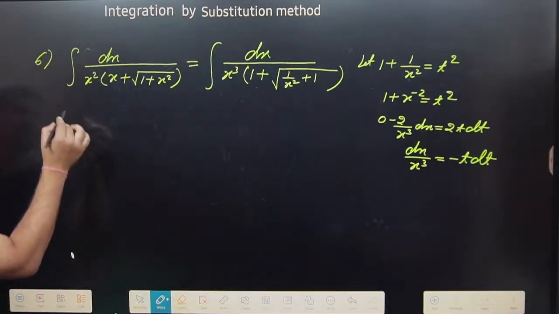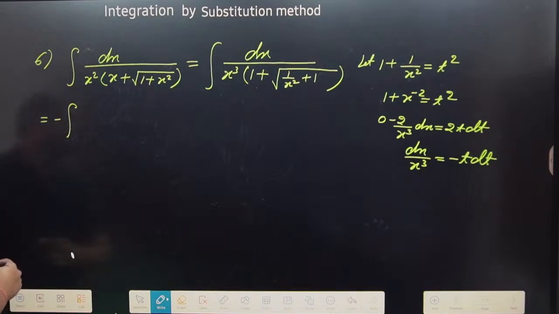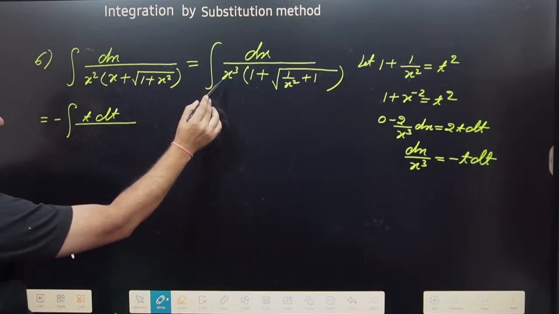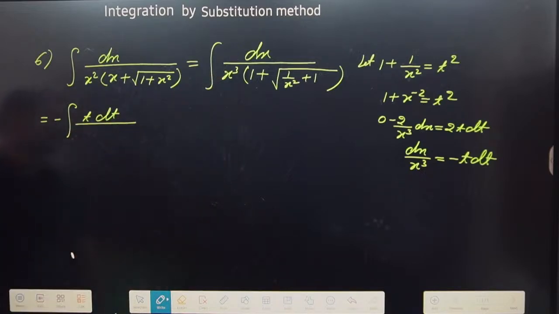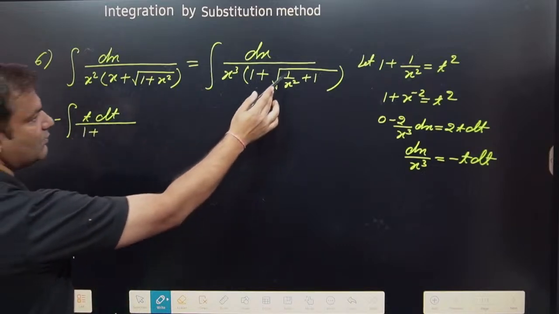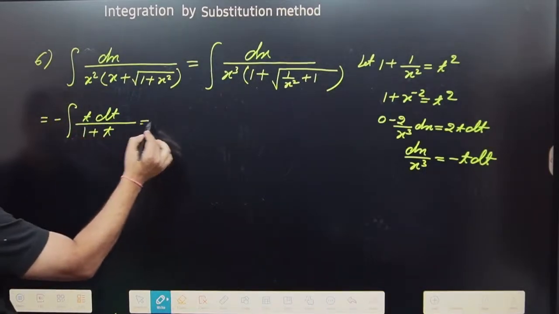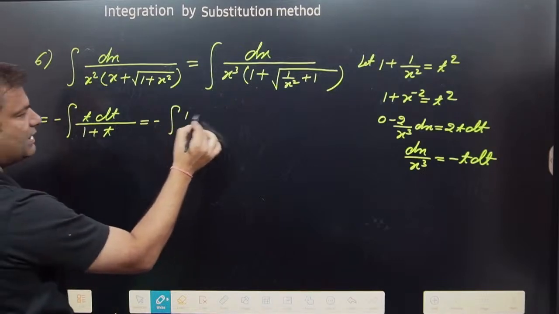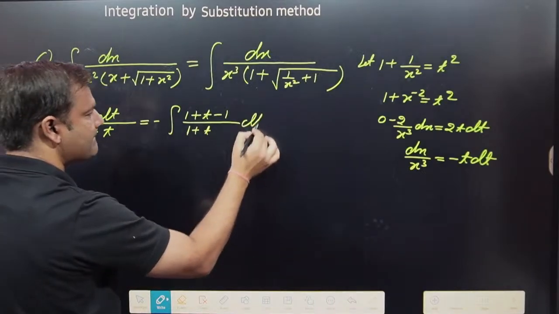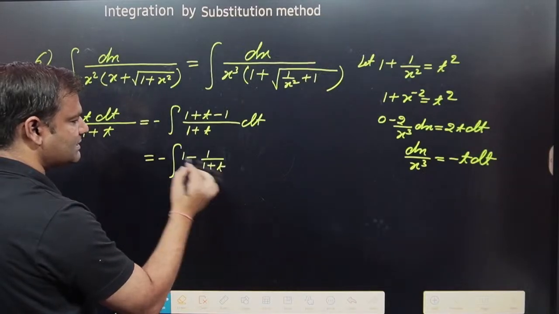Now, so that one written minus of t dt divided by dx upon x cube, that is minus t dt. After that here 1 plus, what about that value? T square. So under root t square basically t. Then here if one adding and one subtracting, so 1 minus 1 upon 1 plus t dt.